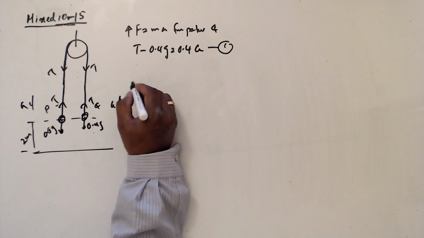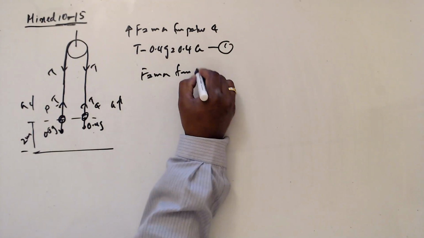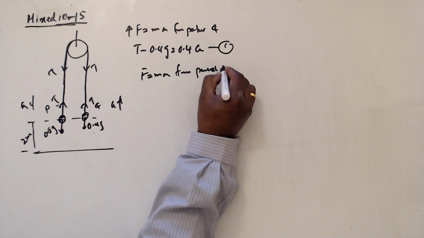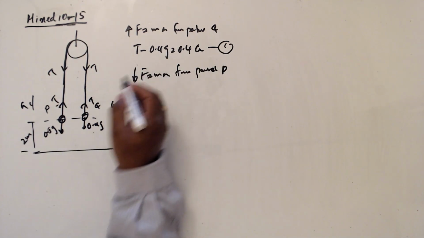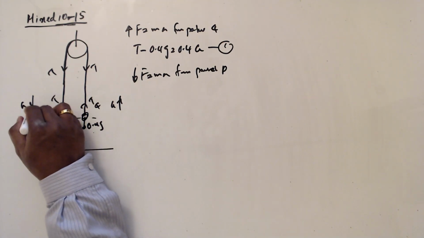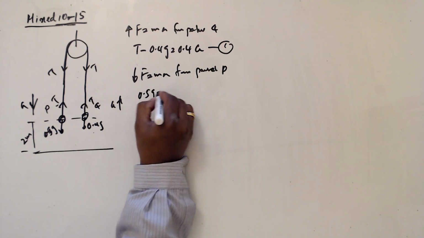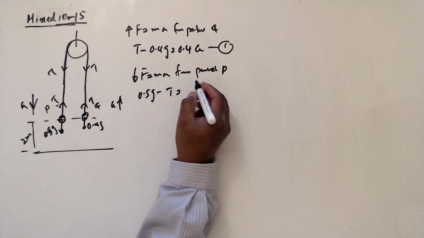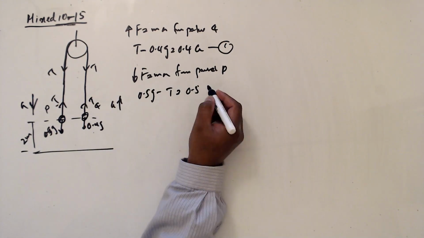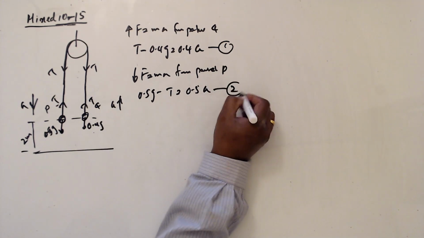Equation two, F equals ma for particle P. Since this is heavy, it is moving in this direction. So 0.5g minus T equals 0.5 times A. So this is 2.